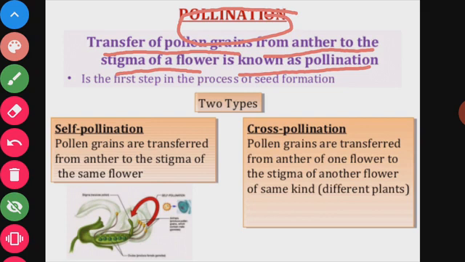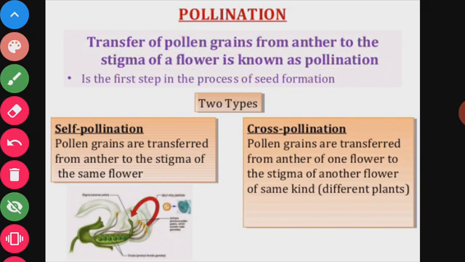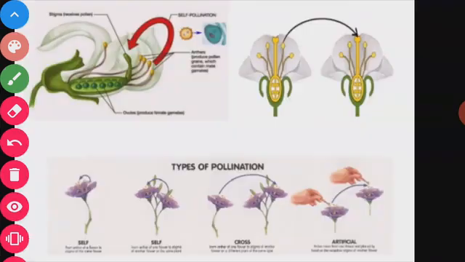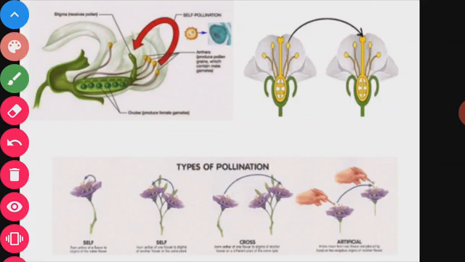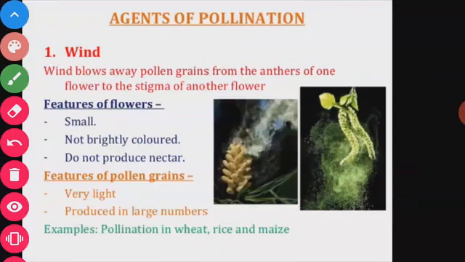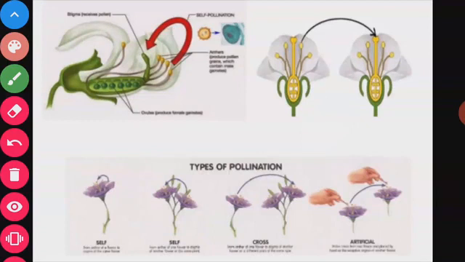Dear students, you have to remember here that there are two possibilities of self-pollination. First, suppose this is a flower of a plant. What is pollination?